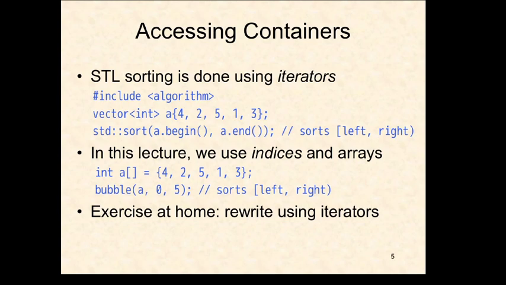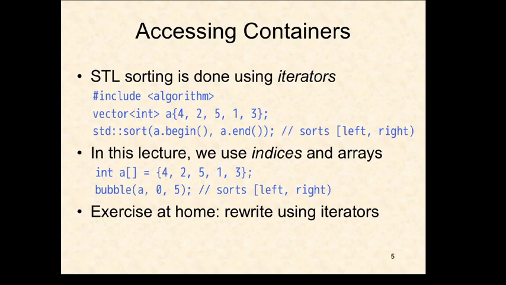So, for instance, if a particular algorithm says it accepts random iterators, then it could operate on an array, it could operate on a vector, it could operate on a deque. All of those have random iterators. If it uses something specific to random iterators, then it wouldn't work on a linked list iterator.